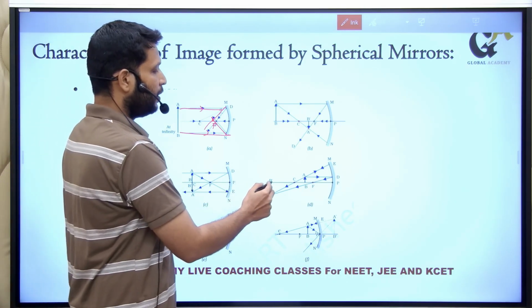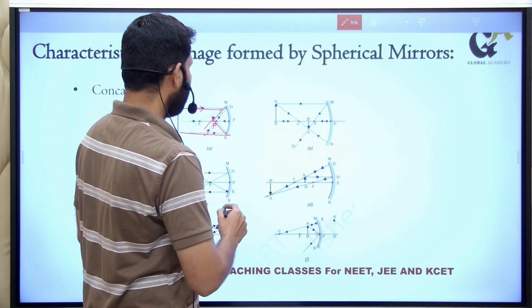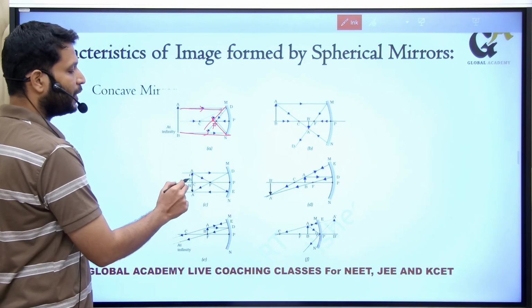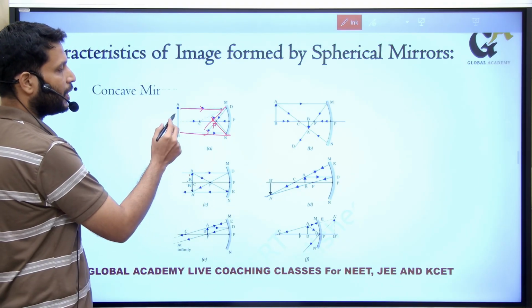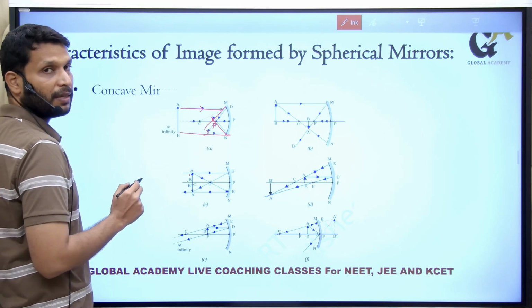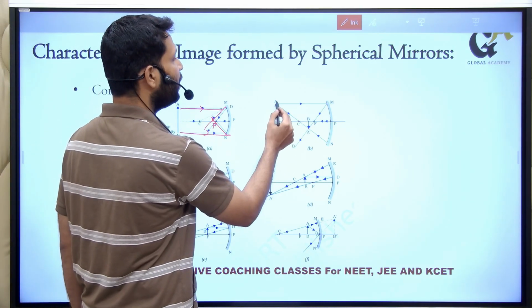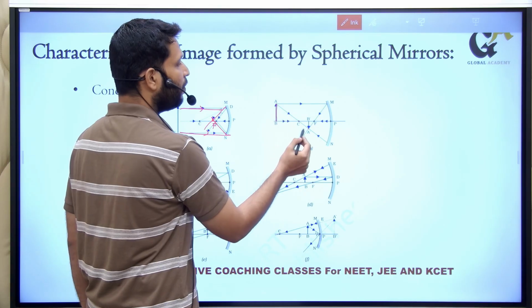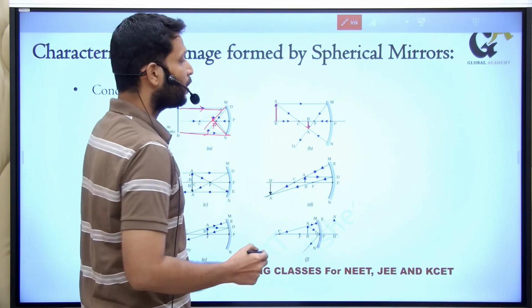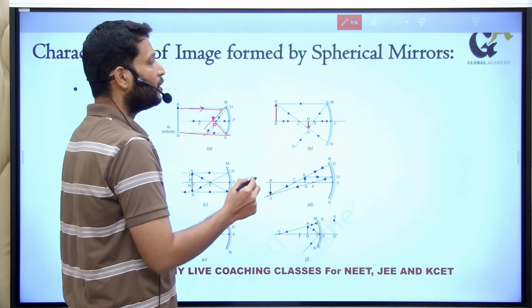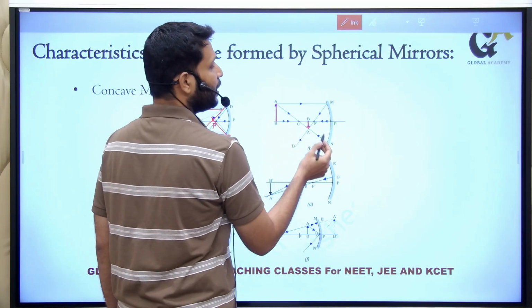So in the third case, the image height and object height are the same. In the first case you have a point image. In the second case the object height is more, however the image height is less. Here this is an inverted image, and it is a real image.